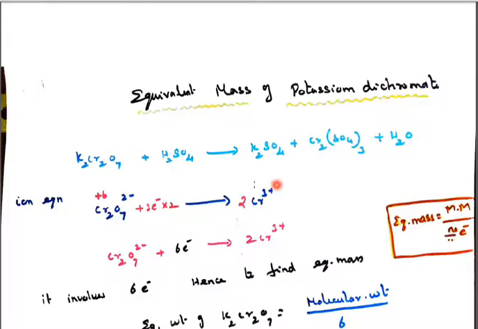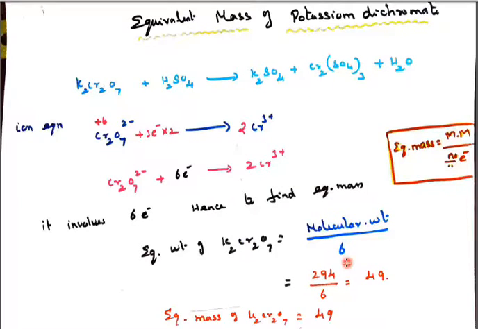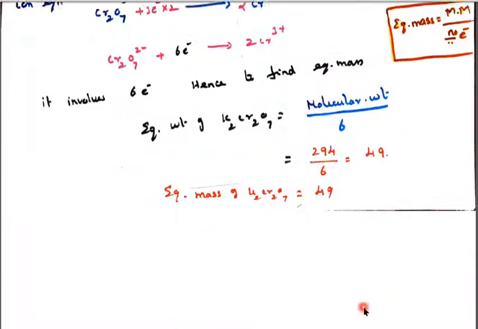The difference is 3. We should add 3 electrons on the higher oxidation number side. Here there are 2 chromium, so multiply by 2 and we get 6 electrons. So the number of electrons is 6. 294 is the molecular weight of potassium dichromate and the number of electrons is 6, so we get 49. So the equivalent mass of potassium dichromate is 49.